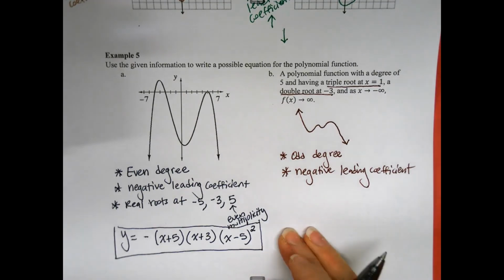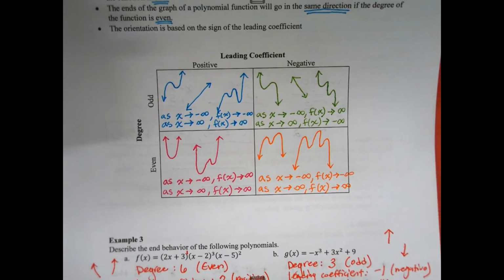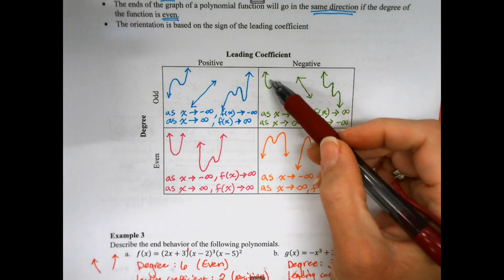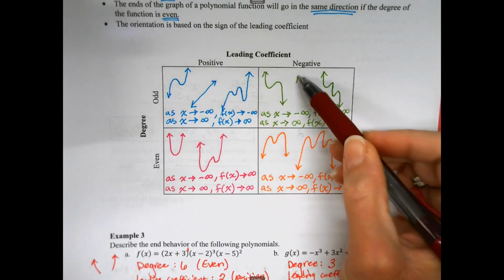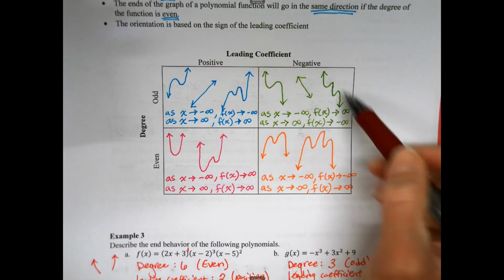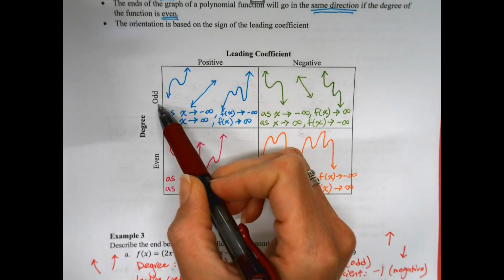And you can even reference back to our chart that we did over here. We have this kind of shape or this kind of shape, something like this. It has a leading coefficient that's negative and an odd degree.